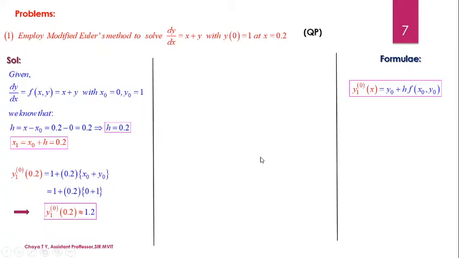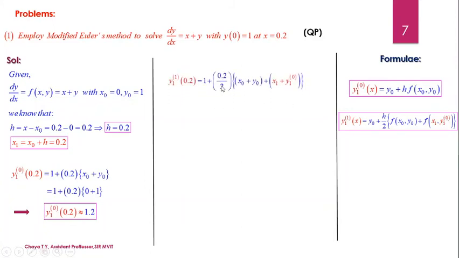Now let us see the first modification or the improved value of y which satisfies the equation. So what is the formula we have? The formula we have is y1 of 1 at the point x is equal to y0 plus h by 2 times f of x0, y0 plus f of x1, y1 of 0. Now into this substitute the required values.